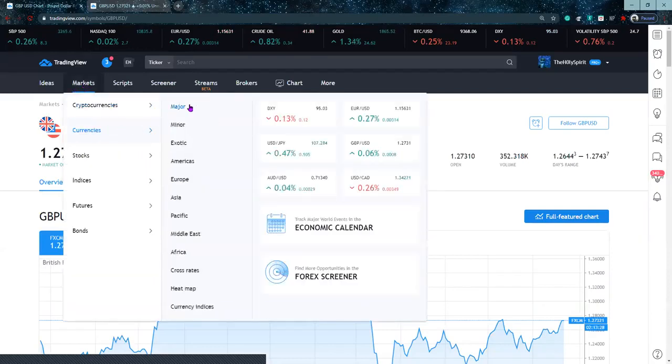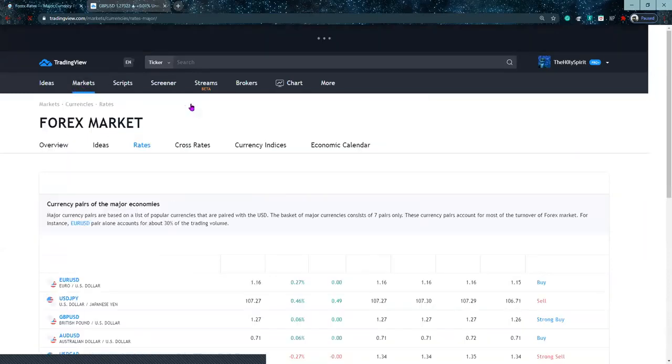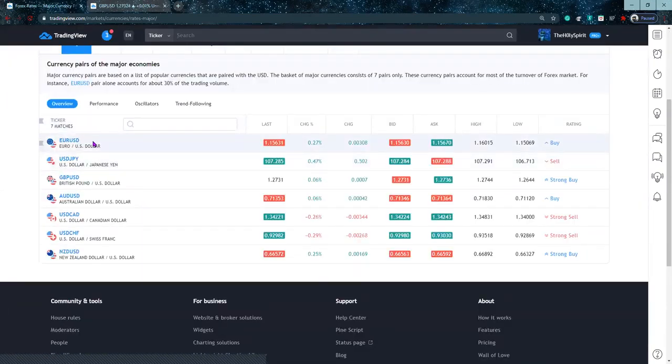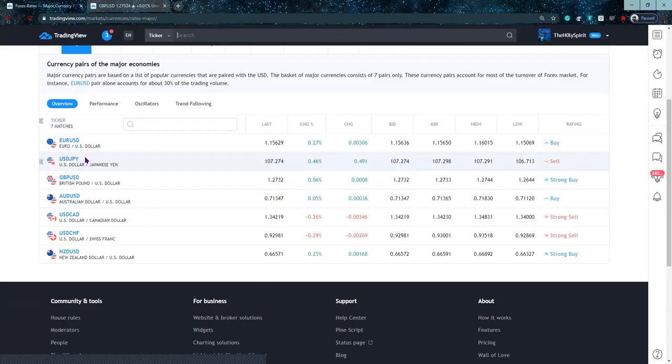If we go on all our currencies, and we go to major, all these major currencies, we can trade the euro versus the US dollar, the US dollar versus the Japanese yen, the GBP USD as we called it before, right?